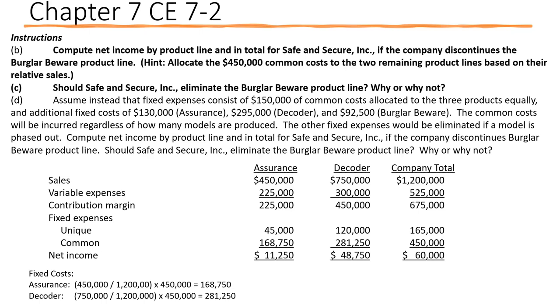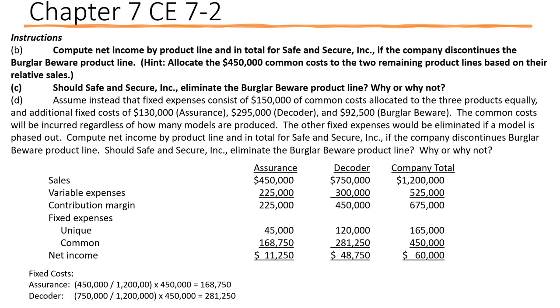So when we generate this new income statement with the way the company would look with eliminating that Burglar Beware, we see that our net income is $60,000. If you remember from the previous slide, our net income with Burglar Beware was $90,000.